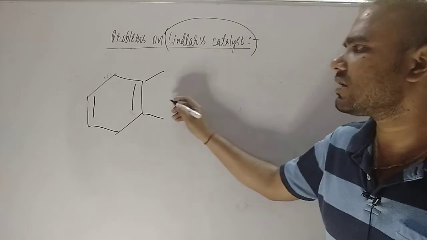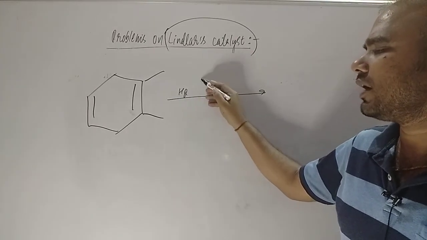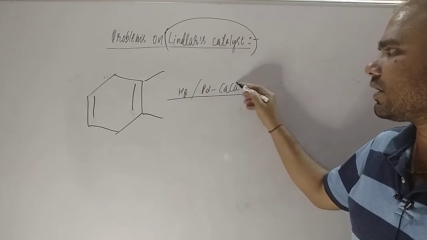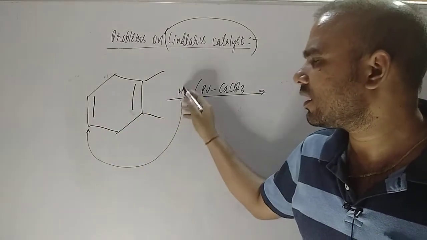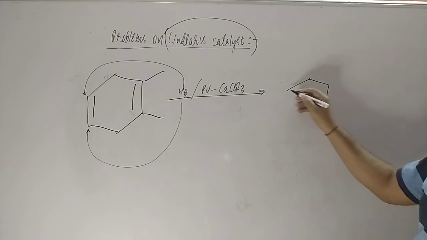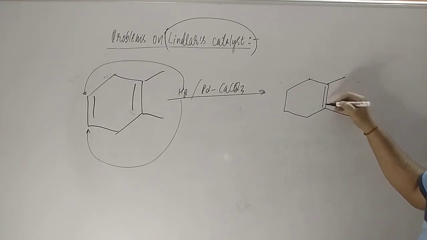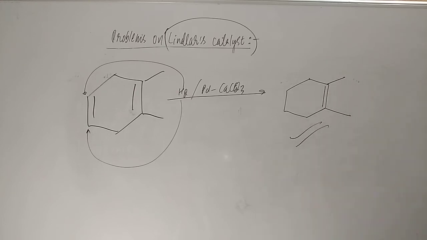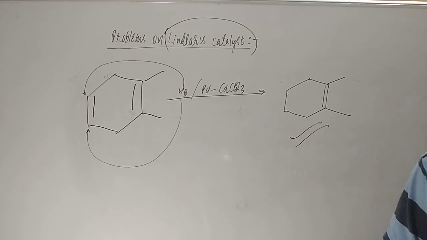The double bonded compound gets reduced if you take H2 and add palladized calcium carbonate. See how it will reduce: one hydrogen is going here, another hydrogen is going here, so it will form a compound like this, students. Here is a methyl group, here a methyl group, and so on. So this is the product, students, that you have to keep in mind: what kind of product is formed in this whole process.